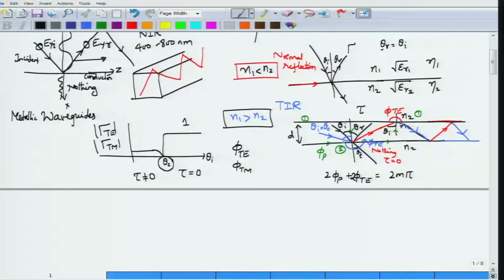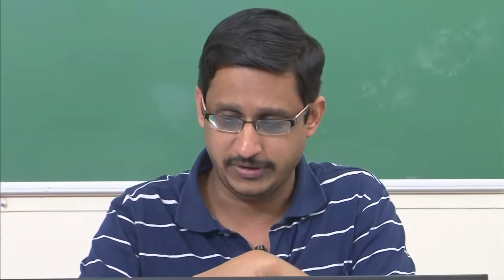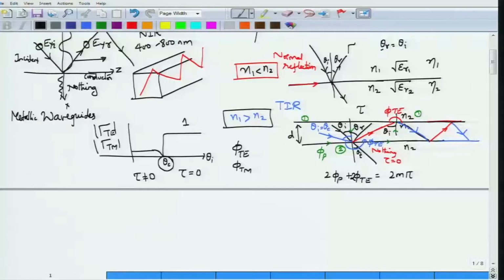So, whatever we discussed so far in this module is what is called the ray picture, in which we are representing an electromagnetic wave by a ray. Okay. So, there is a corresponding wave front, but we have not really bothered about that wave front. So, this equation, although it can be used to obtain very good numbers, does not tell you what the mode shapes are, and if you make the film thickness small, then this analysis is also not completely valid.